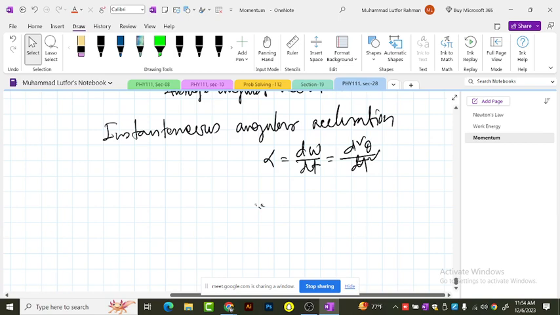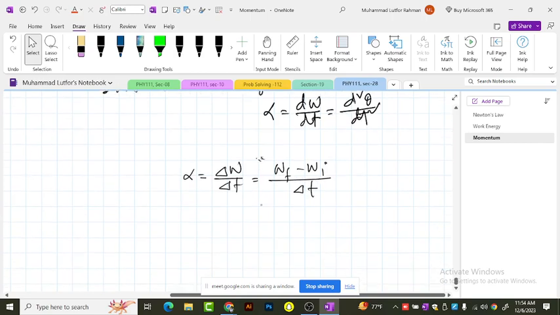Then we can make a relation from this part. Alpha is del omega over del t, and del omega is omega f minus omega i. So omega f minus omega i equals alpha times del t, or omega f equals omega i plus alpha times del t.